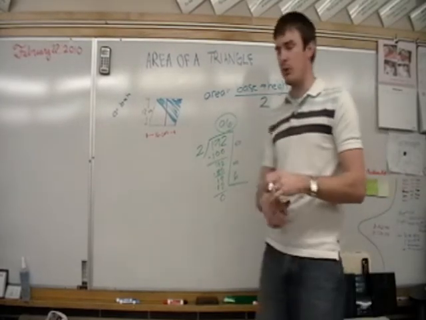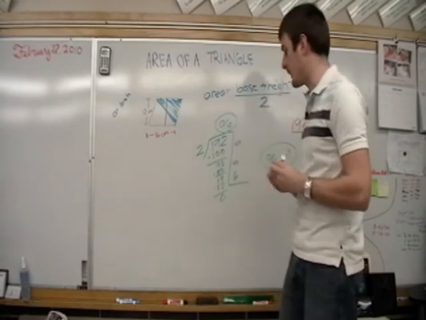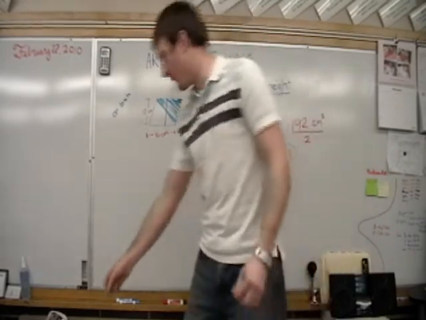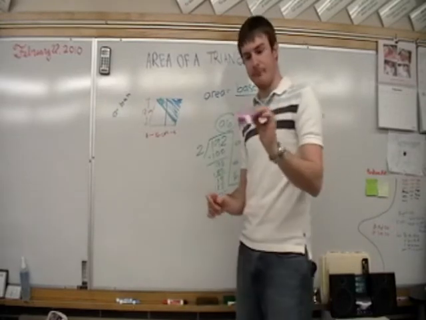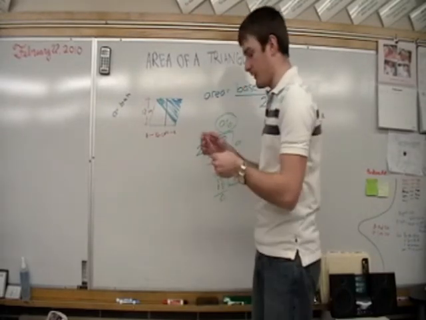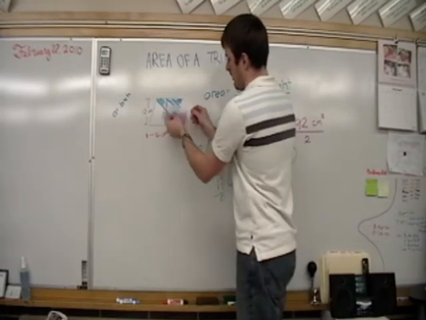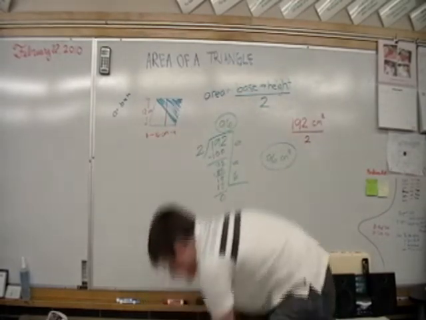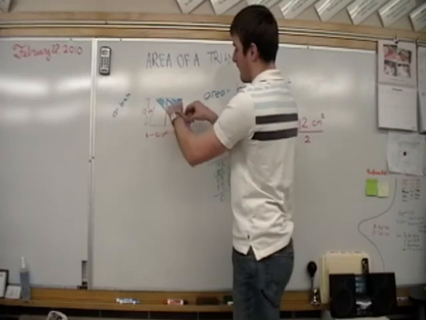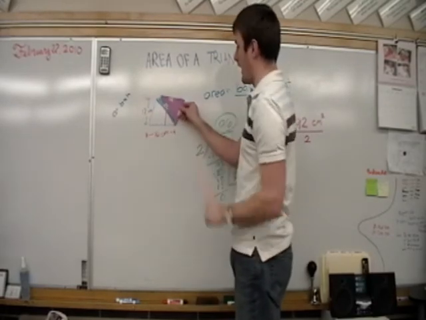So let's refresh. We'll go all the way back and we'll talk about these steps one more time. You start with your triangle. And as we discussed, your triangle is 1/2 of a parallelogram. So we only want 1/2.